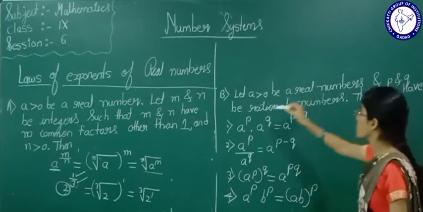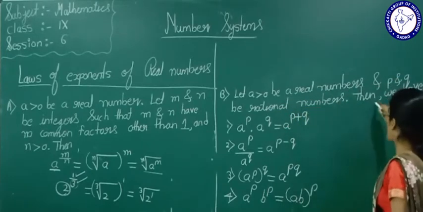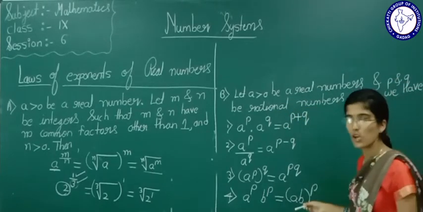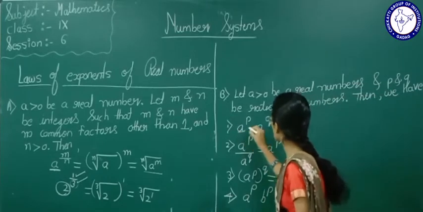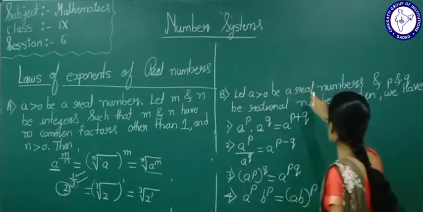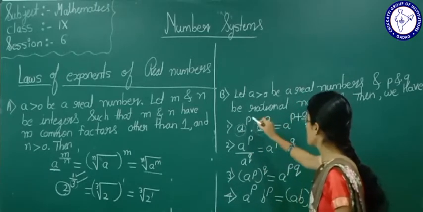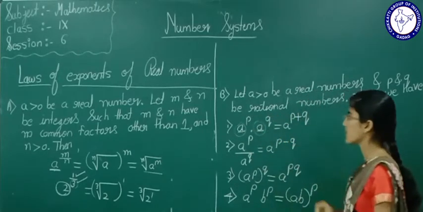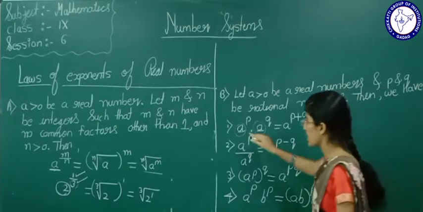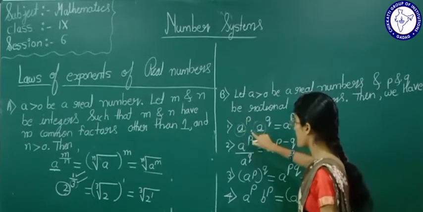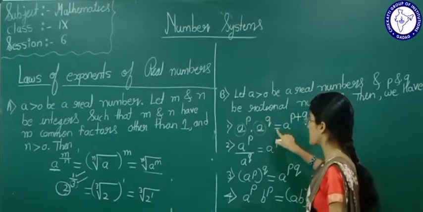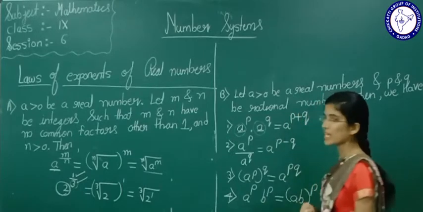Then we have the following laws: a raised to p multiplied by a raised to q is a raised to p plus q.